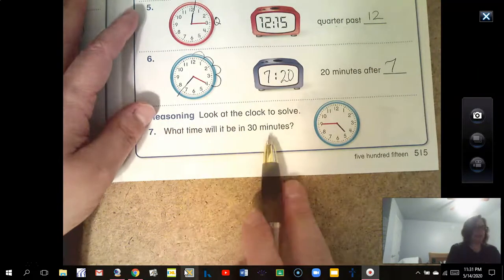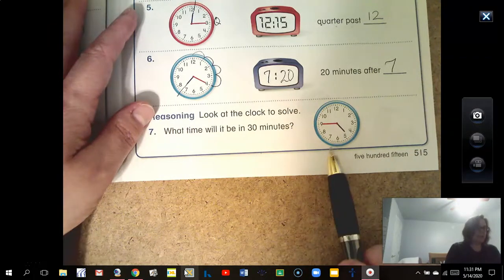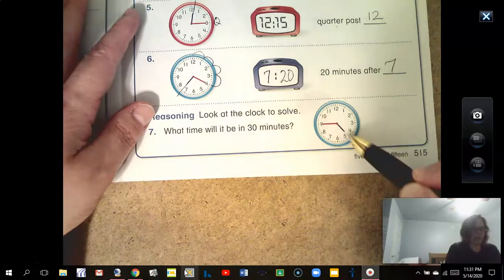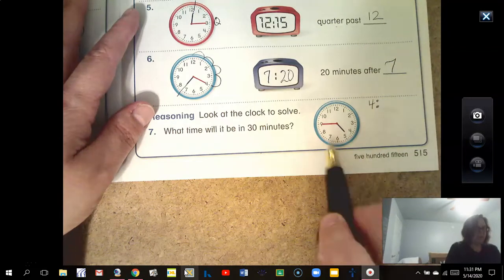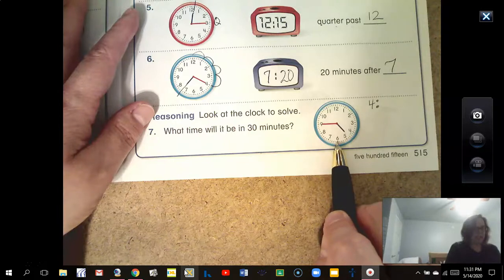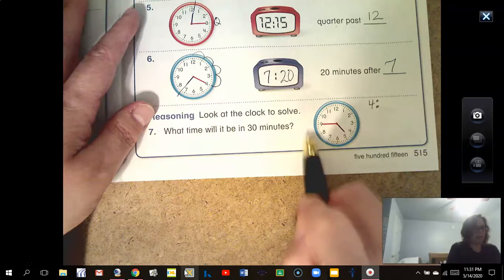Look at the clock to solve. What time will it be in 30 minutes? Well, first of all, let's take a look at the hour right here, right now. Okay? It has not reached the 5 yet, so it's 4. And right here is 30. So count with me. 35, 40, 45.